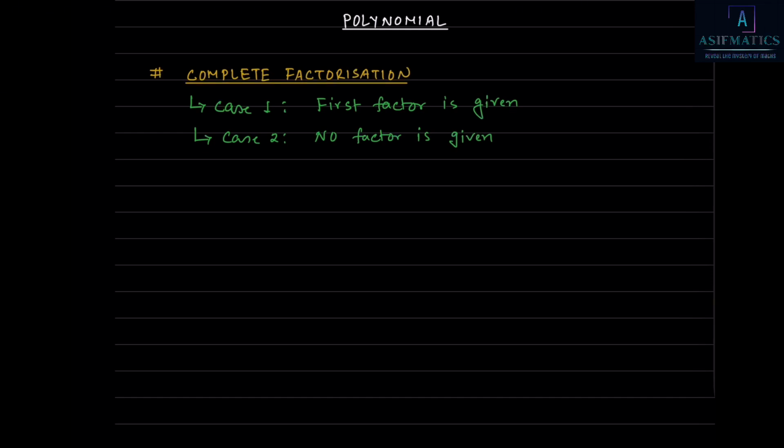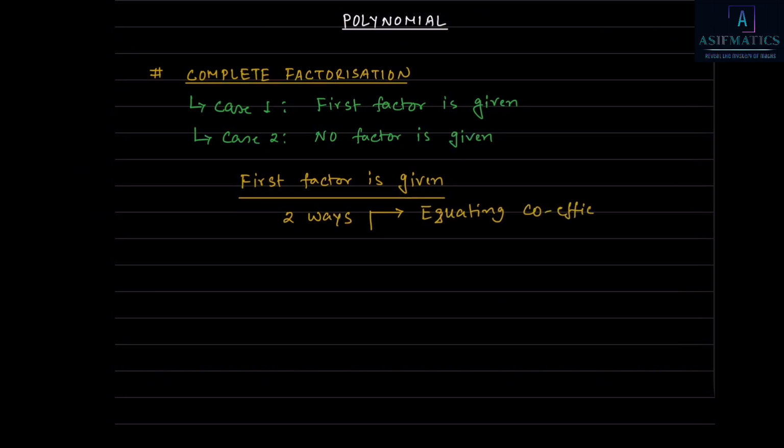So if you have case 1, that is the first factor is given, in that case we can solve the problem in two different ways. The first one is by equating coefficients, and the second is by using long division.